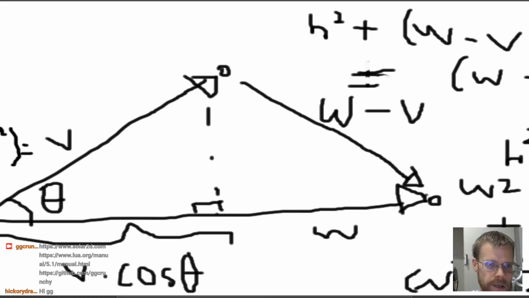So we can substitute in H squared for that. And when we do so, we'll have H squared here and here, so we can also wipe those out. Also, we have W squared occurring twice. I believe we do. Yeah.